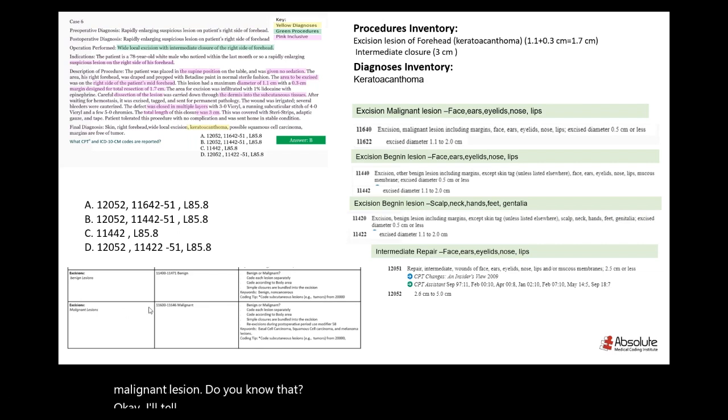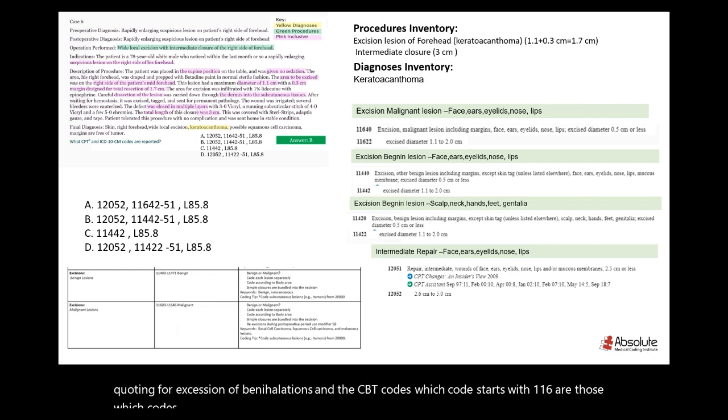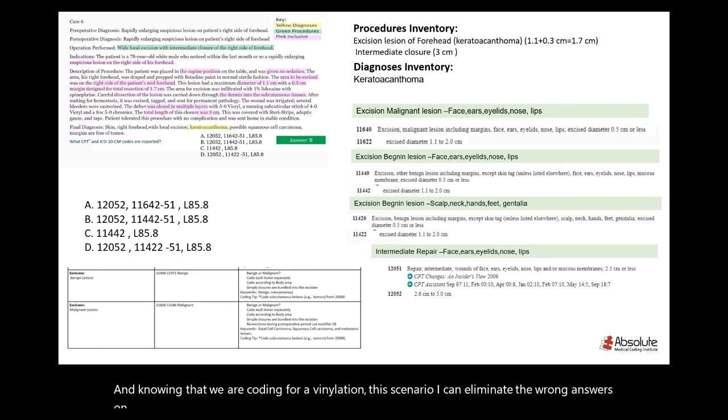The CPT codes which start with 114 are the ones which code for excision of benign lesions, and the CPT codes which start with 116 are those which code for a malignant lesion. Knowing that we are coding for a benign lesion in this scenario, I can eliminate the wrong answers on sight, even without opening the CPT manual.